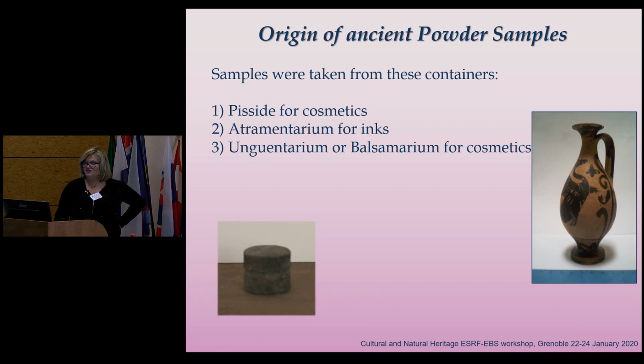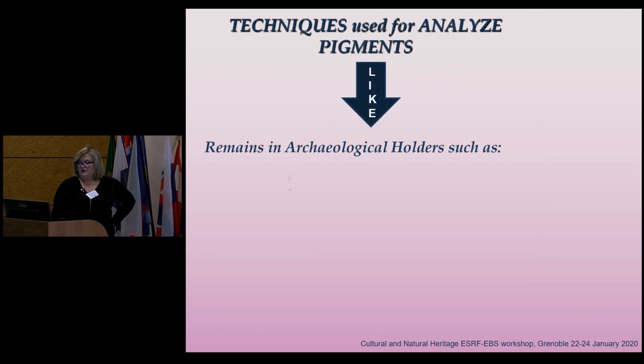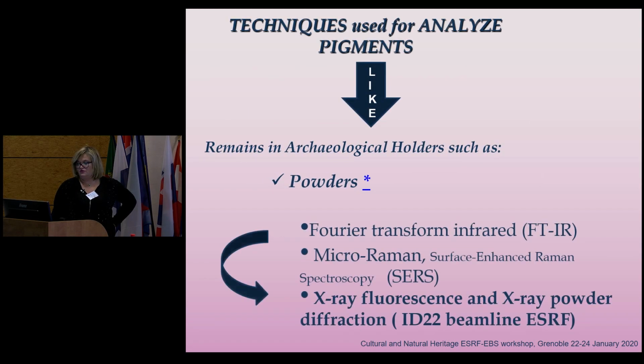My friends are archaeologists, not chemists. Pyxides were used for cosmetics, atramentum was used for inks, and unguentaria and balsamaria for cosmetic usage. All the powders are usually first analyzed with our vibrational spectroscopy, FTIR and micro-Raman, also for the most difficult samples.